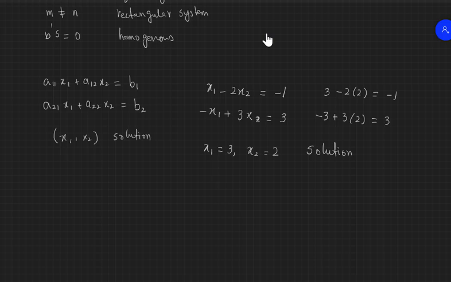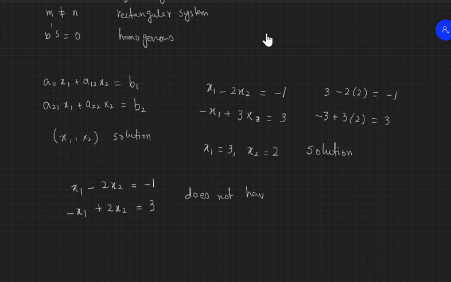Whereas another system, x1 minus 2x2 is equal to minus 1 and minus x1 plus 2x2 is equal to 3, does not have any solution.